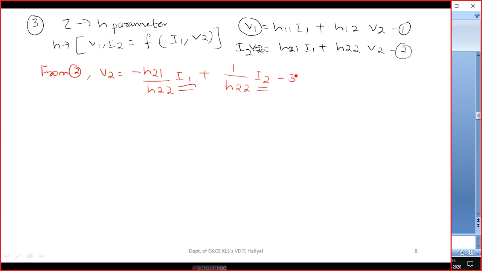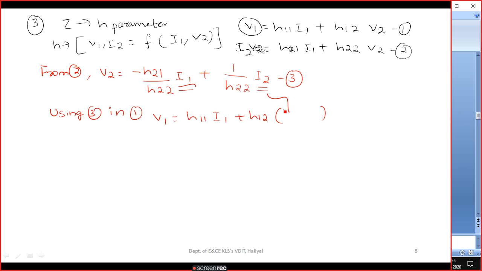Let me call it equation 3. Where can you use this? Same approach, using 3 in 1. Using 3 in 1, we get V1 is equal to H11 I1 plus H12 V2.